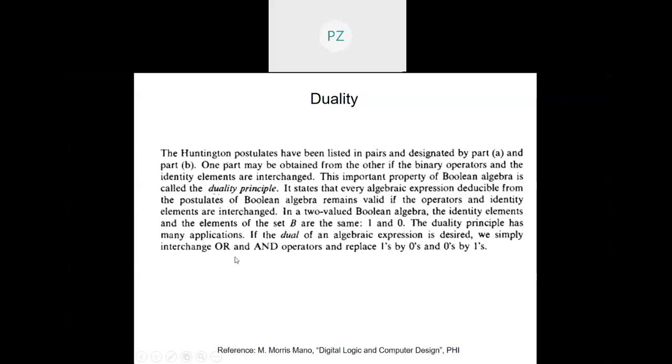The duality principle has many applications. If the dual of an algebraic expression is desired, we simply interchange OR and AND operations and replace ones by zeros and zeros by ones. So this is a very useful property of Boolean algebra. You just have to state one expression, and the dual may be found by simply interchanging OR and AND operators and replacing ones by zeros and zeros by ones, because these are the two identity elements.